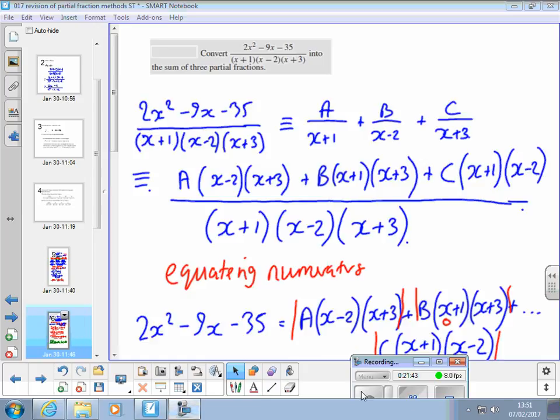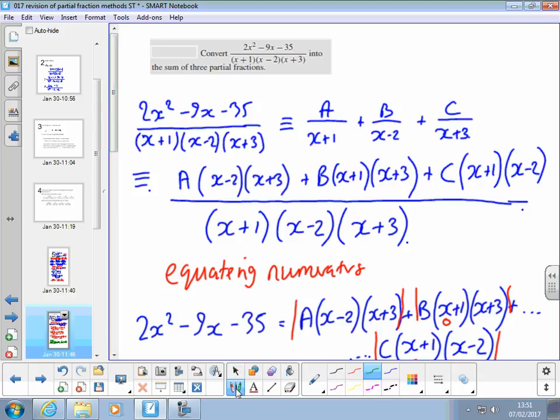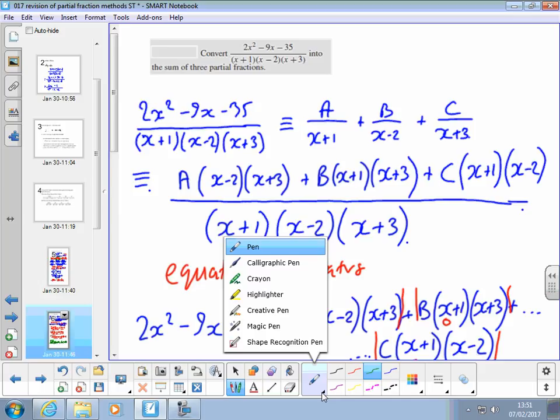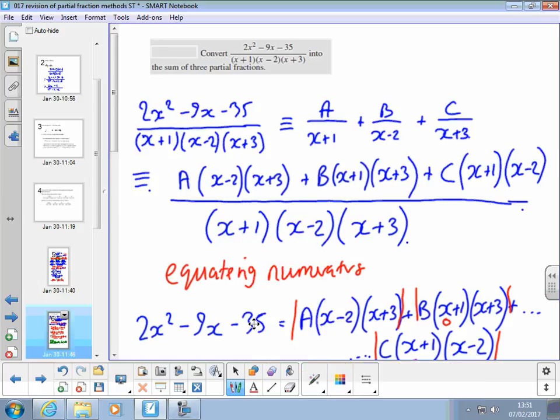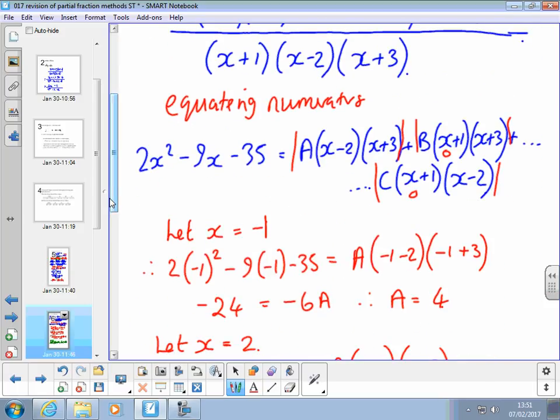With this problem, what we've done is split the initial function up into 3 partial fractions, then found a common denominator, so we multiplied the A, B and C so that they're equivalent and there's a common denominator. We equated the numerators, and initially let x equal minus 1.